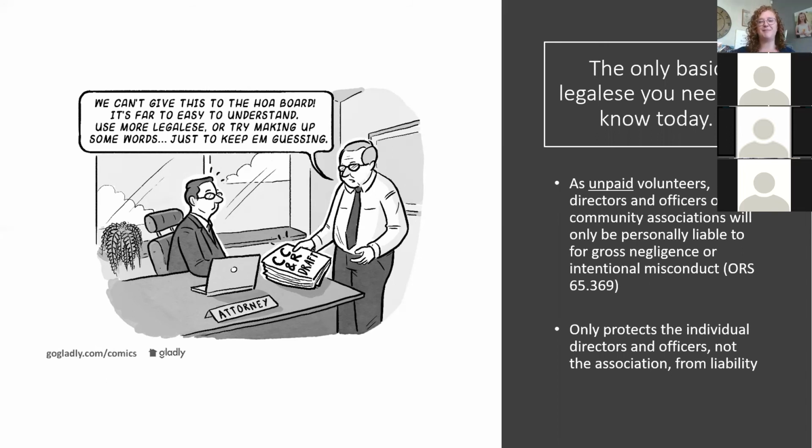So when we tie that back to the business judgment rule we talked about earlier and your fiduciary duty, what that means is that the same reasonableness standard applies. If I make sure as a board member that I listen to my experts, I review the information provided to me, and I make the decision that I believe is in the best interest of my community, then you are protected as a board and you are not going to be held personally liable for making a decision that your ownership might not agree with.